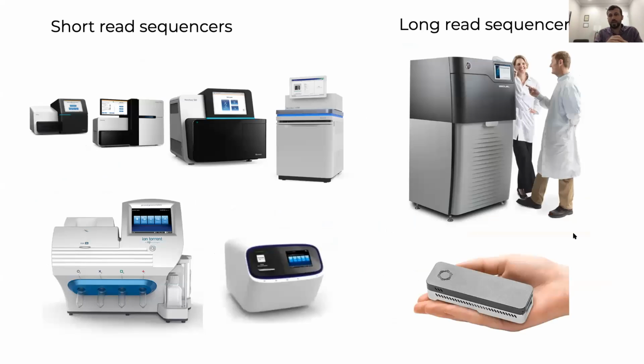Now, this type of data is produced by sequencing machines. These sequencing machines include short-read sequencers, and we will primarily in this program deal with short sequence data. So this includes short reads that are generated from the full genome or whatever sample we have. And we also have what's called long read sequencers.